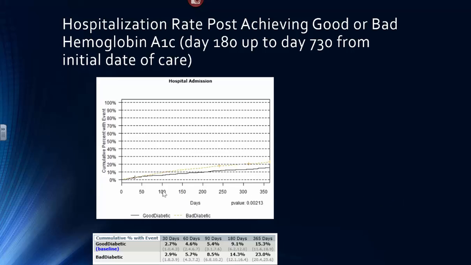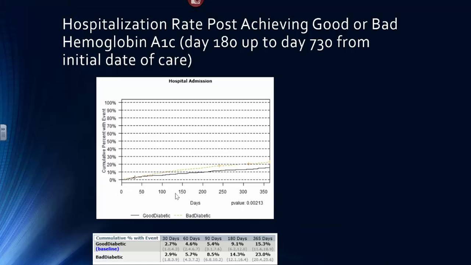And what we saw was that those with bad diabetes climbed into the hospital faster than those with good diabetic results. That is, those who achieved a hemoglobin A1C of 7 or less came into the hospital at a lower rate than those with high hemoglobin A1C. And it was highly statistically significant.